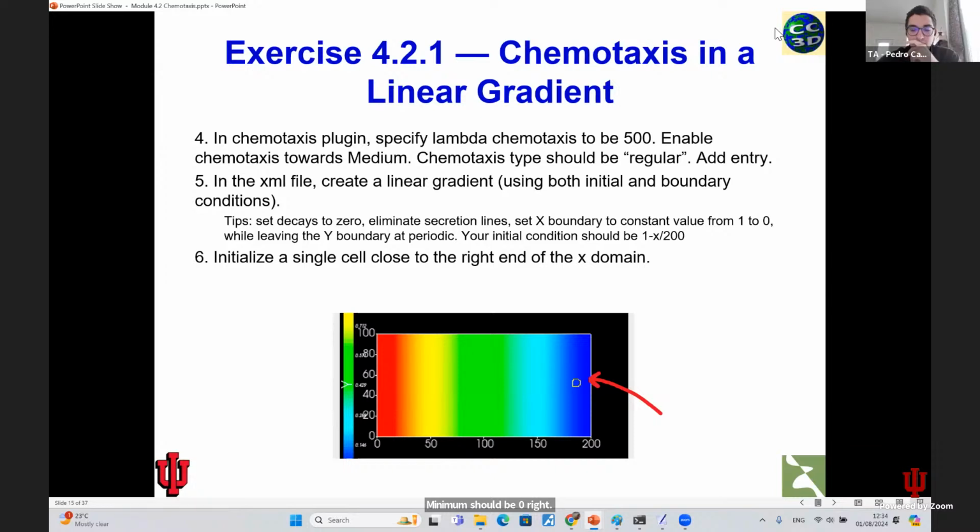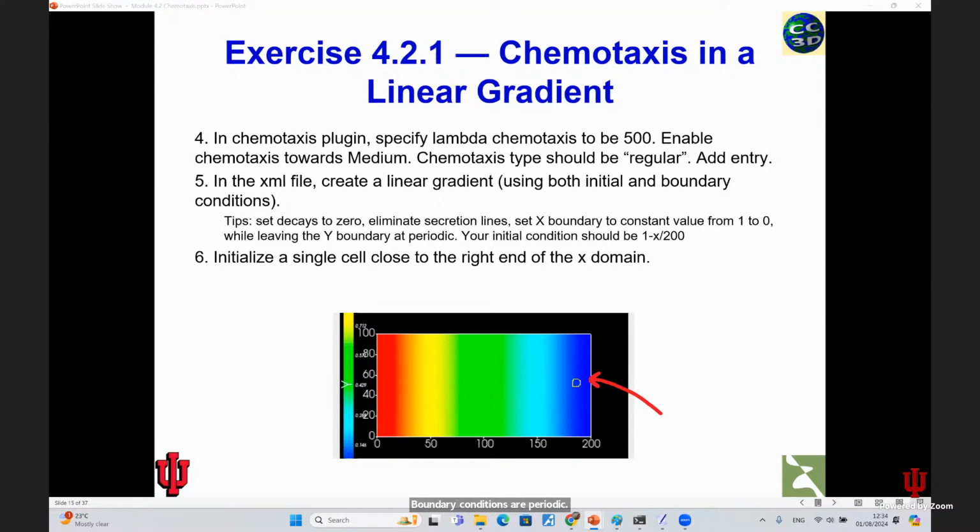So in your constant value x min 0, and constant value x max was 0. Okay, sorry, I think I messed it up. In your constant value boundary condition x minimum, you put that to 1 and the max to 0. Okay. All right. And then your y boundary conditions are periodic.